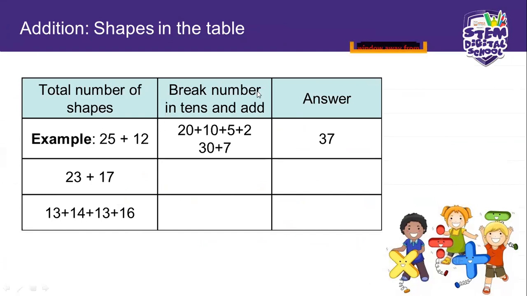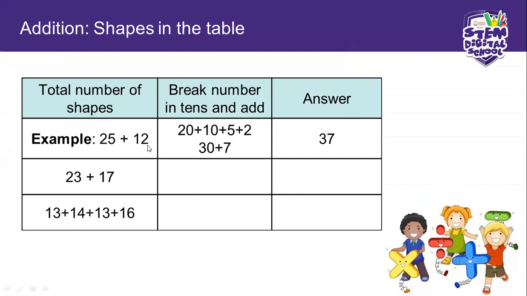So we are going to break the number down in tens and then add together, okay? So we had 25, which we broke into 20 there, and then plus 5.